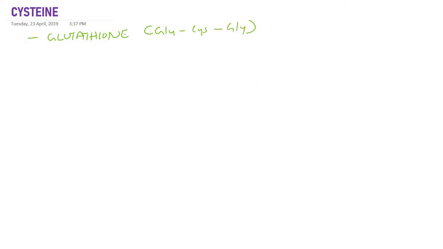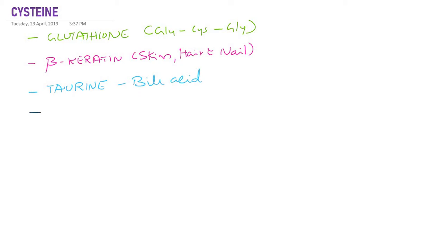Cysteine is also present in a protein called beta keratin, a protein present in our skin, hair and even nails. In bile acids, the amino acid taurine is also made up of cysteine, which is very important for conjugation of bile acids. Coenzyme A also contains cysteine.